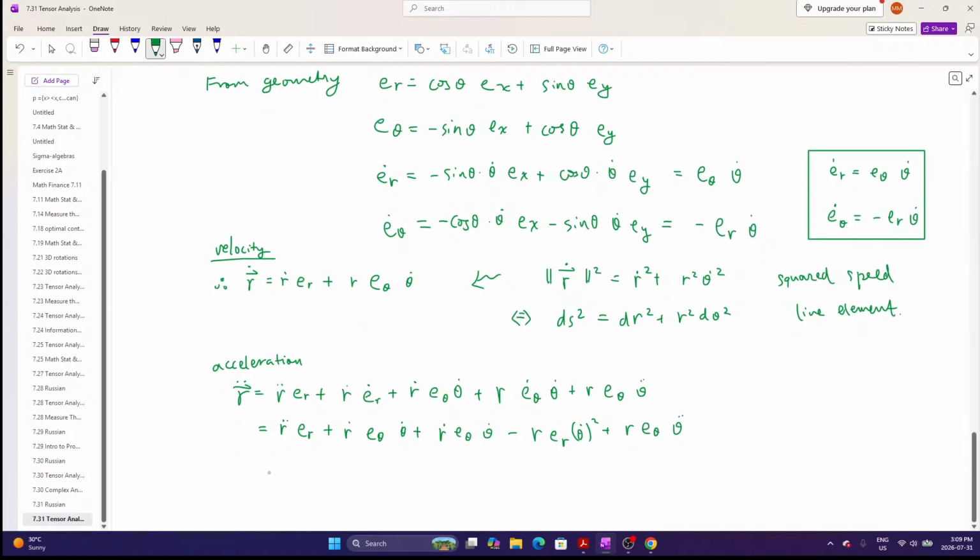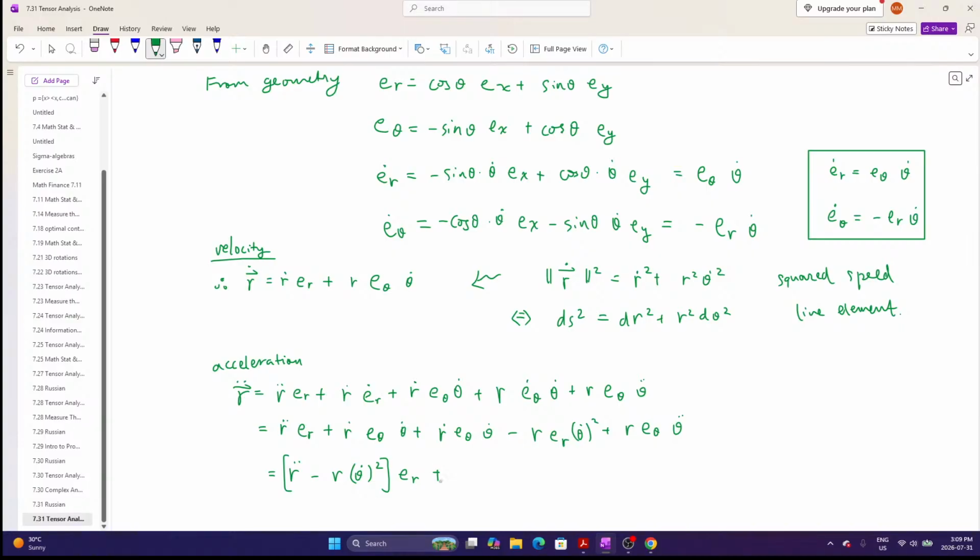All right, collect the terms. What are the e_r terms? r double dot minus r theta dot quantity squared, times e_r. So that's the radial component of the acceleration.